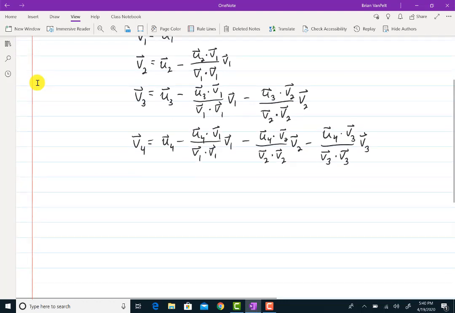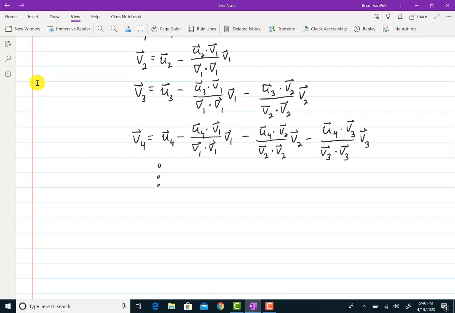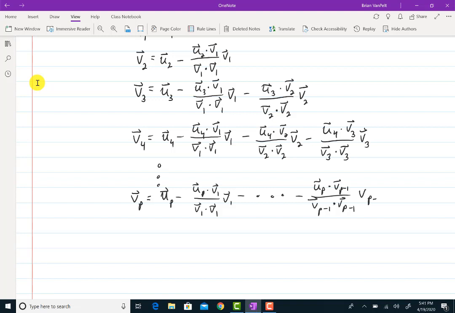And you can keep going on and on until I finally get to VP, which equals UP minus UP dot V1 over V1 dot V1 times V1 minus dot dot dot, all the way until you get to UP dot VP minus 1 over VP minus 1 dot VP minus 1, times VP minus 1.